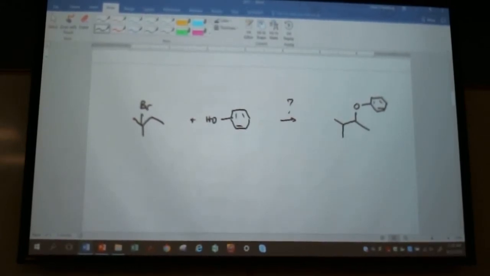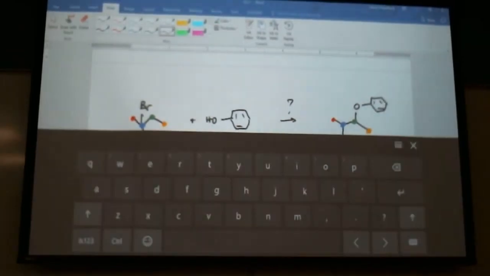The first thing I always told you is look at your carbons. What is connected to what? What kind of bonds are we trying to make to which carbon, right? So in here I have this carbon and this carbon and this carbon and this carbon, right? And this other carbon over here.